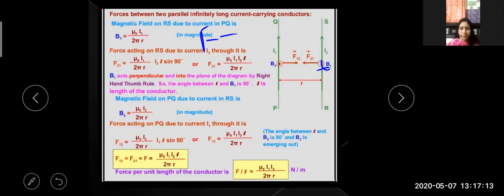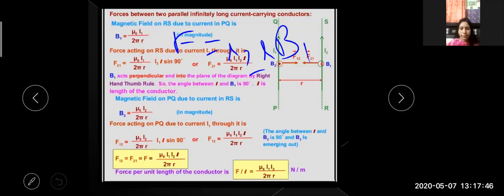So the force acting on RS due to current I2 is given by F equal to I2 L B1, right? Now put the value of B1 from the above equation. We will get F21, the force on RS due to I2, is I2 L B1 sine 90. Clear?